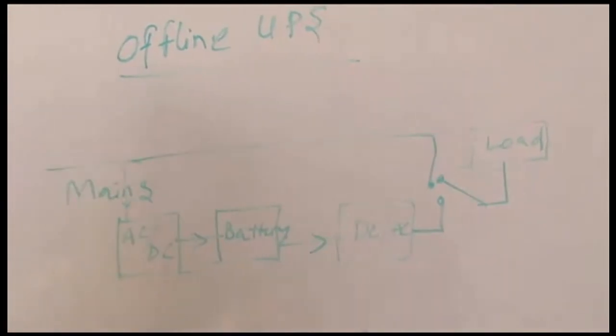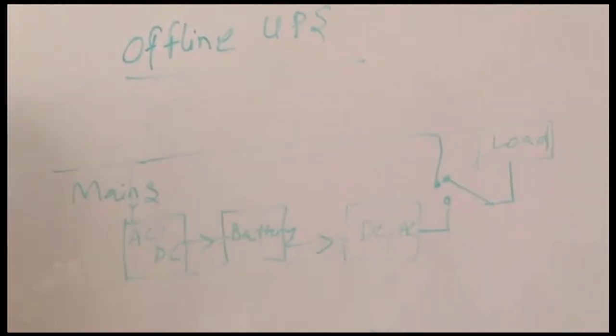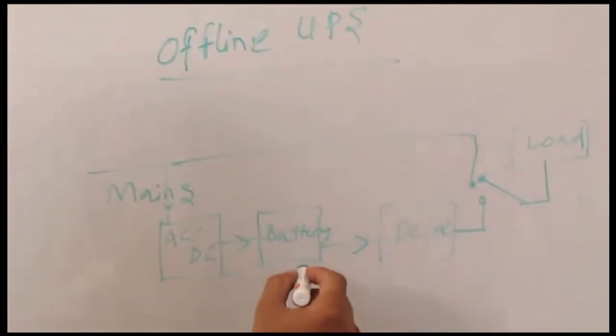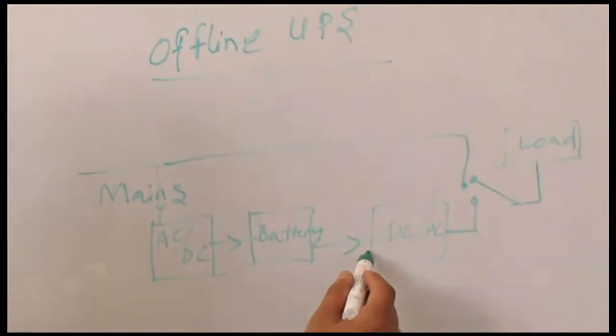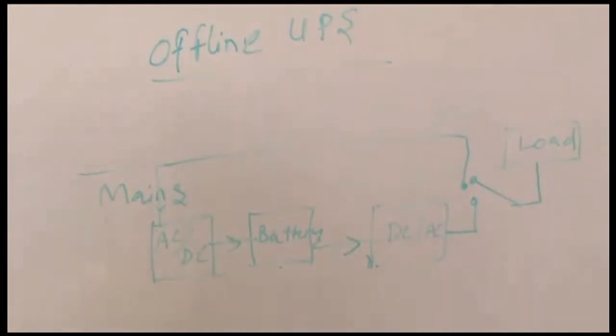But when mains is not available or is below a certain level, it will take power from this DC to AC converter, which is taking power from this battery. And during the mains on condition, we have this AC to DC converter, which will charge this battery with the power of the mains supply.